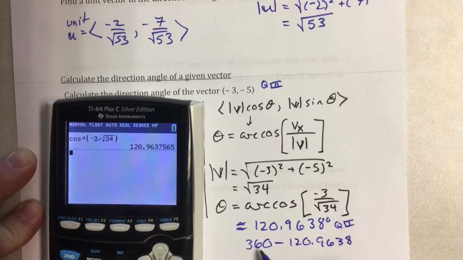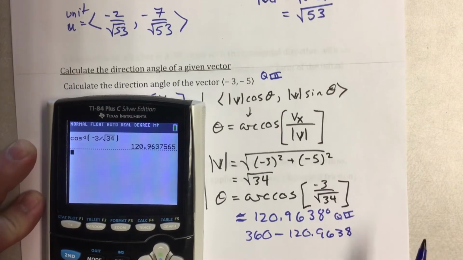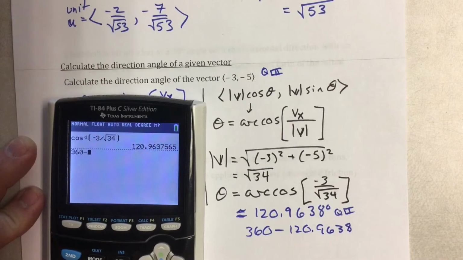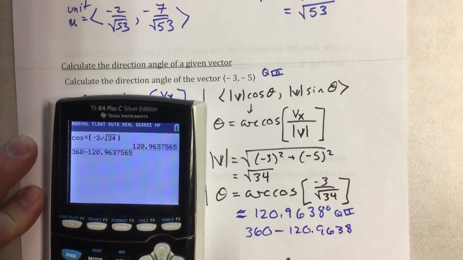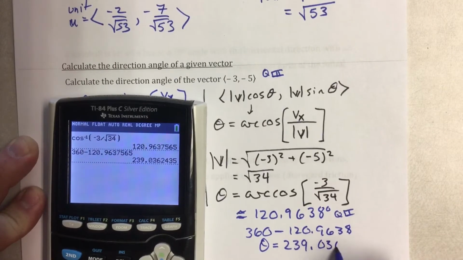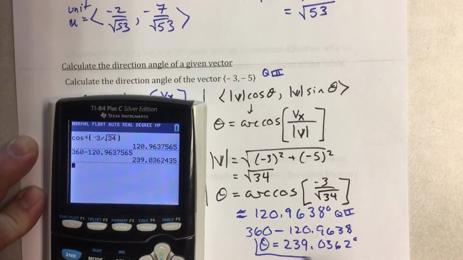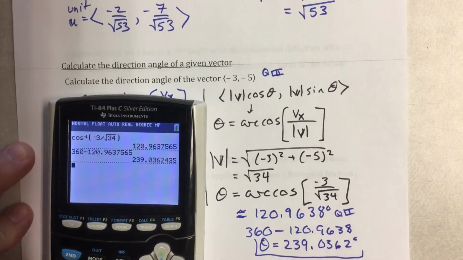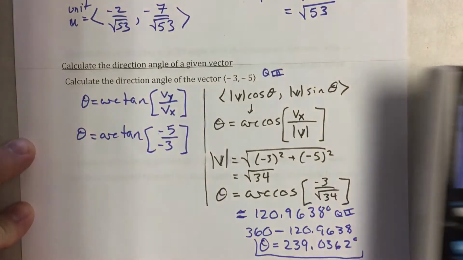Again, subtracting 120.9638 from 360, because that will give us quadrant 3. So we get a direction angle of 239.0362 degrees.